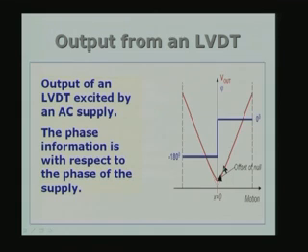There is a change in the phase, that is what is important. The phase angle changes from 0 to 180 or minus 180 in this case, when you change the displacement from this side to this side. But essentially it is a linear output which follows a relationship shown by this red straight line, either on the positive side or on the negative side.